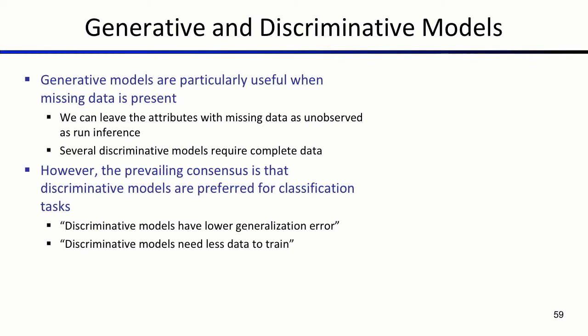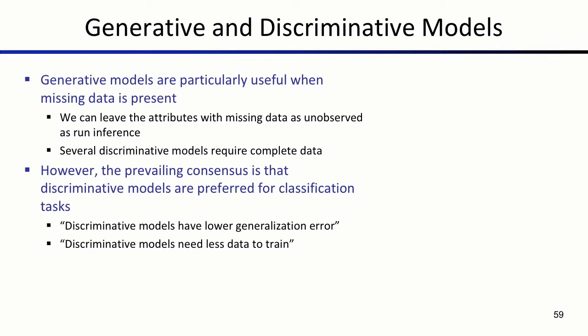But aside from this particular situation where we have missing data, there is a general consensus in the community that discriminative models are better than generative models when we want to perform classification. People frequently say that discriminative models have a lower generalization error, or that they need less data to train.